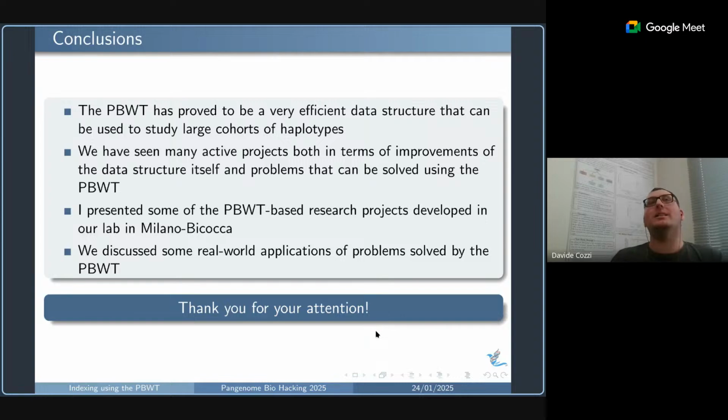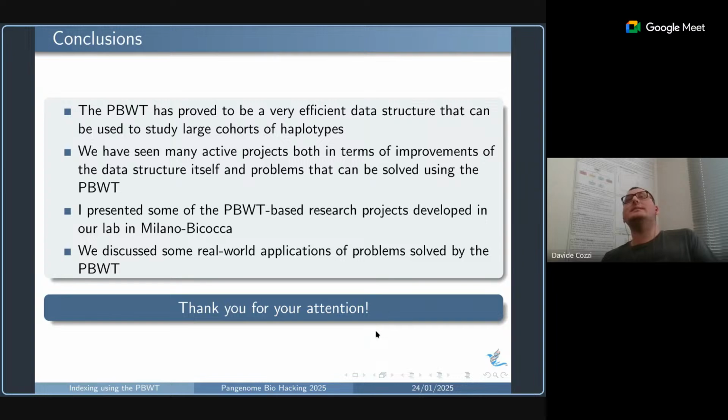Well, probably we have many problems that are related to a linear reference. So we are looking for alignments, we are looking for the maximal matches finding problem on a single sequence file, a single FASTA, a single sequence. And obviously we have many problems on this kind of input instead of haplotype panels.